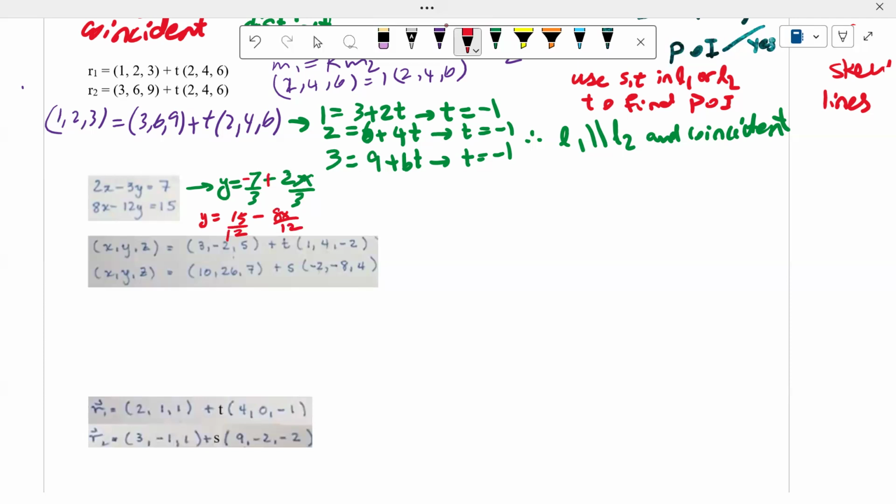Actually, you know what? You can simplify it. So let's simplify it. First of all, this becomes negative, and this becomes positive. So this becomes y is equal to 2x over 3, and this divided by 3 is 5 over 4.